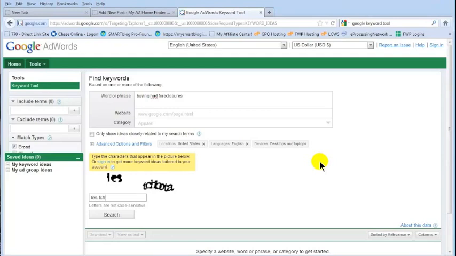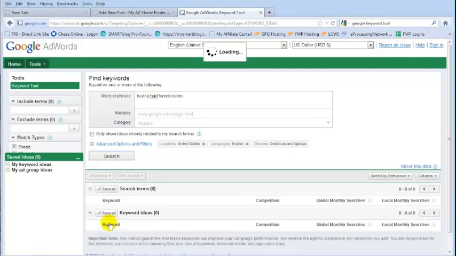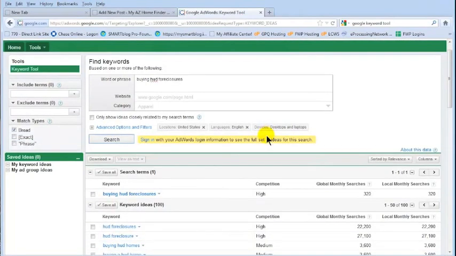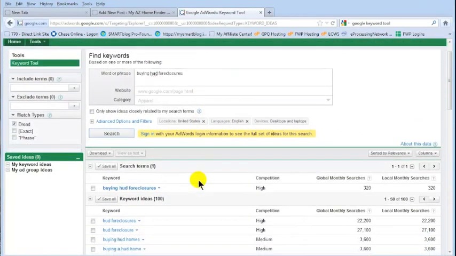This is typically how most of you will show up. It's kind of hard to read it sometimes. And of course that wasn't right. Let's try it again. Okay. So I am searching now for buying HUD foreclosures.